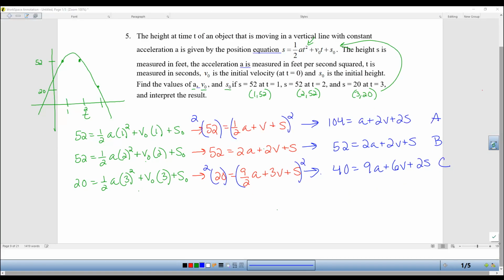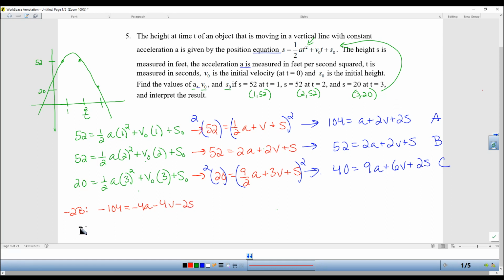And now we're going to just solve the system like we normally would. I have to pick the variable that I think I can get rid of the easiest. So I'm thinking S, because then the most I'll ever have to do is multiply equation B by -2. So that's what I'm going to do. -2b will give me -104 is equal to -4a minus 4v minus 2s.